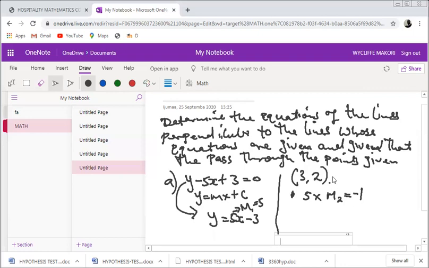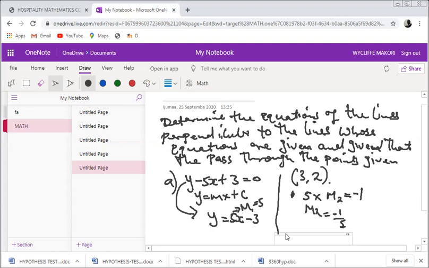So we are looking for the gradient of this line such that the gradient times the gradient of this gives us negative 1. So you will find that m2 will be equal to negative 1 over 5. I've just divided everywhere by 5. So m2 is this gradient here.